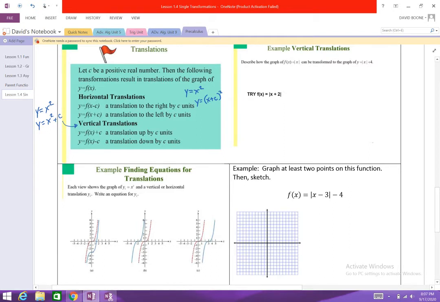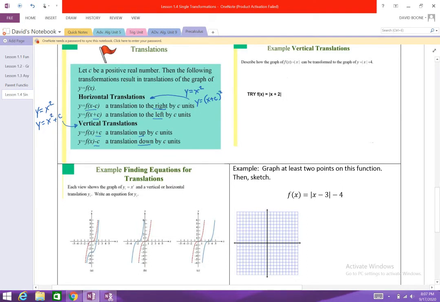So instead of going to the right c, you're actually going to the left c. And that's what you see with the horizontal translations. When I subtract inside the parentheses, it doesn't move it to the left, it moves it to the right. When I add, it moves it to the left. But when it's not inside the parentheses, it doesn't affect the x. It's not by the x, so it moves it in the y direction. If you add, it moves it up. If you subtract, it moves it down.